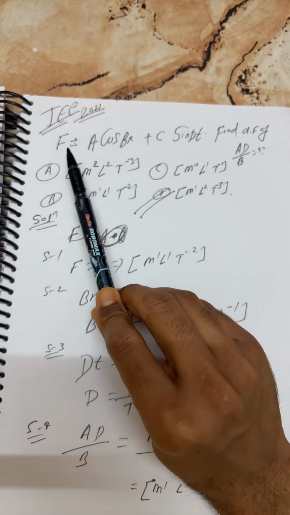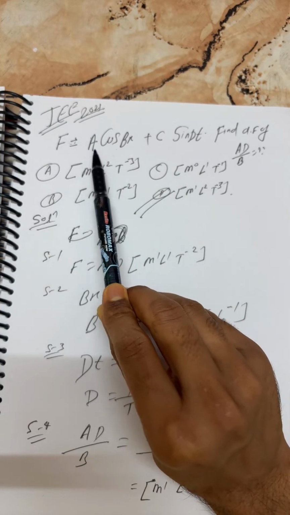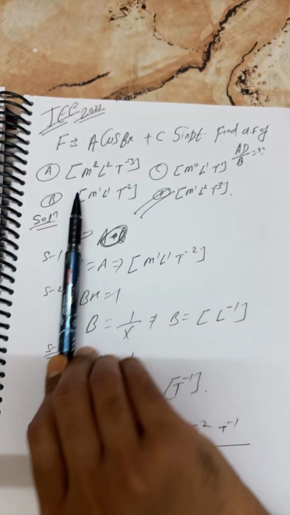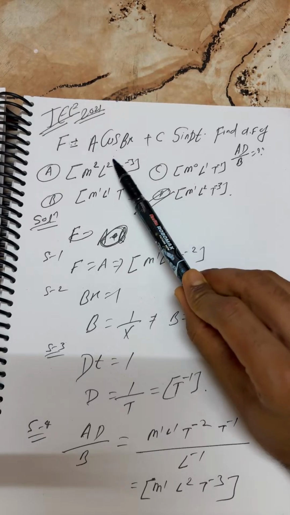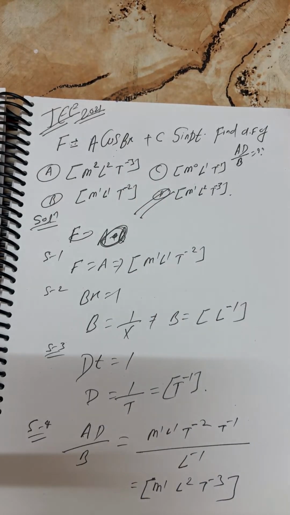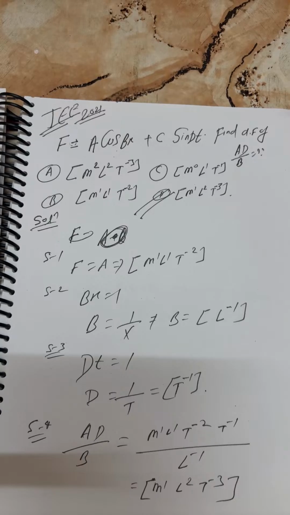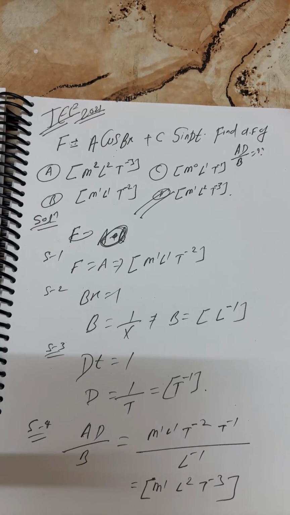But before that, you can equate the force to A first, so that we can get the value of A easily from here. Then this is cos of bx. The entire cos of bx term is dimensionless, but b into x is not dimensionless, so we can equate b into x to 1.